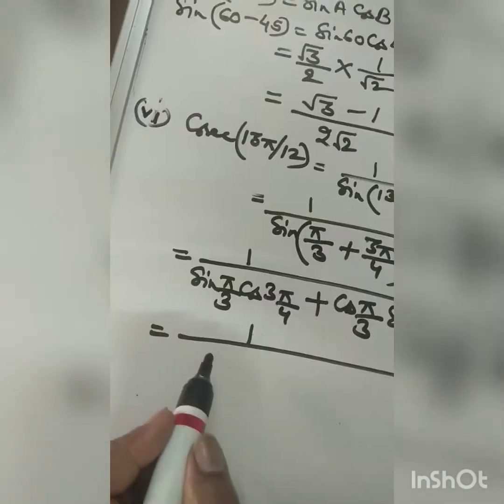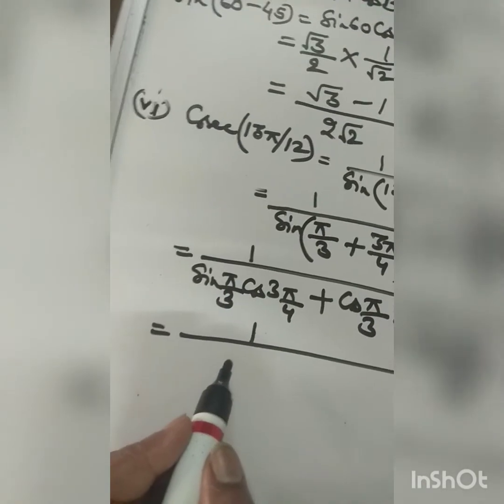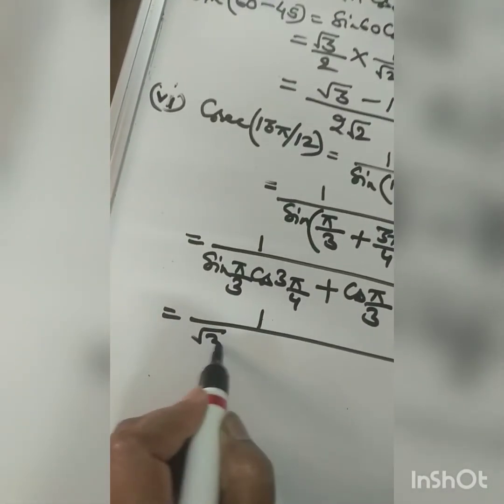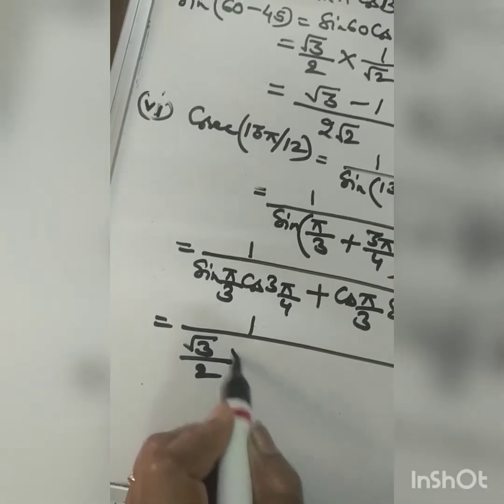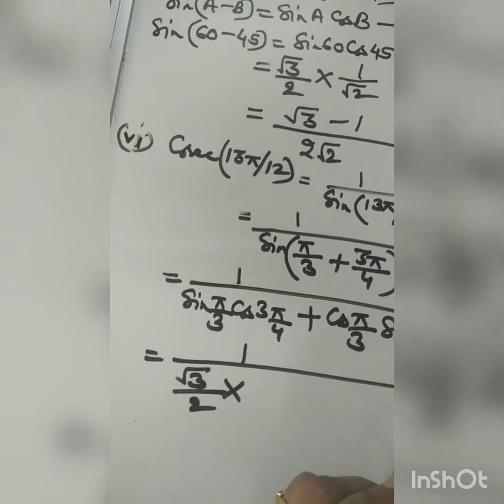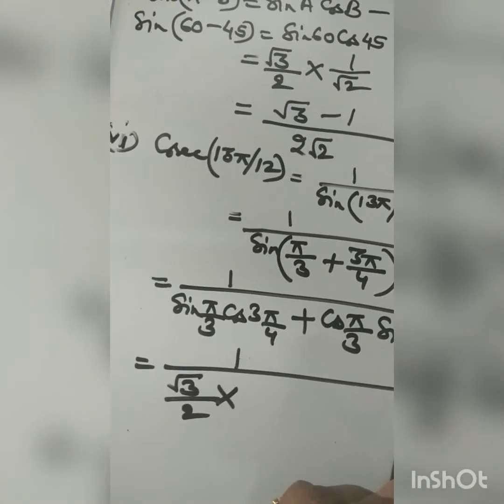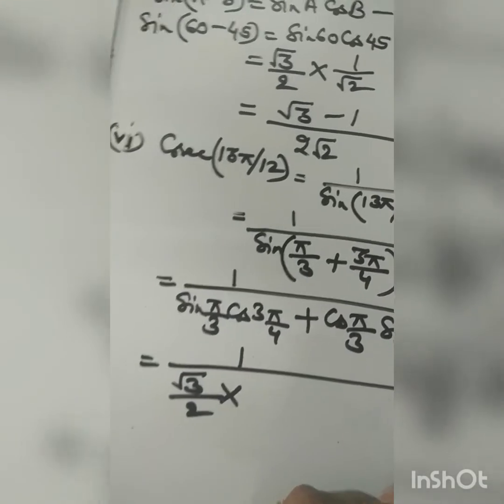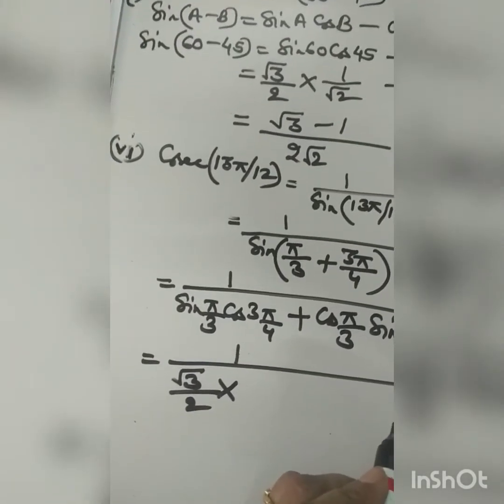Now pi by 3 means 180 upon 3, that is 60 degree. So sine 60 is root 3 by 2. Now cos 3 pi by 4: 3 into 180 upon 4, so it will be 135 degree.